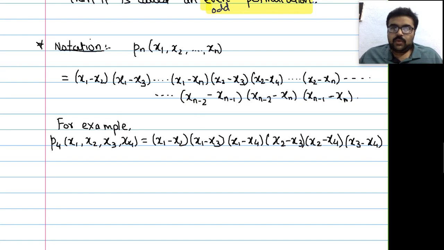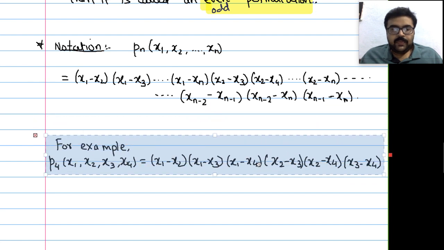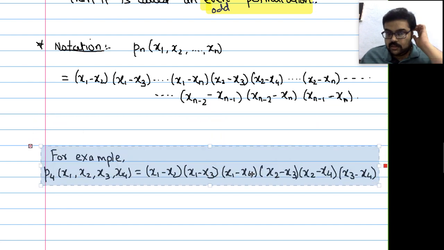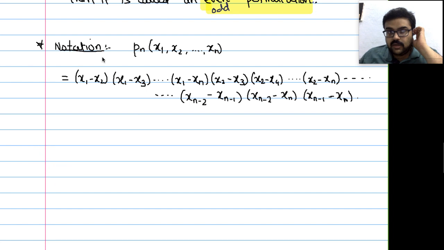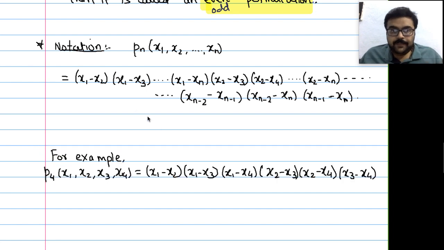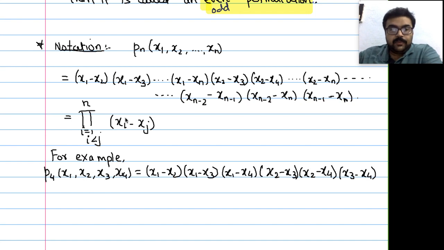That's it. So this, if you want to write in terms of a general product, we can write this as a product over i from 1 to n, with i less than j, of xi minus xj.